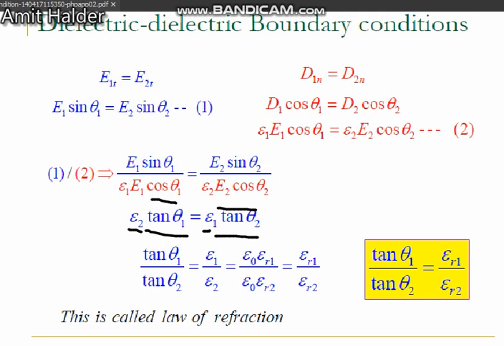So tan theta 1 divided by tan theta 2 is equal to epsilon 1 divided by epsilon 2, and you can write epsilon naught epsilon r1 divided by epsilon naught epsilon r2. When epsilon naught is cancelled on both sides, you get epsilon r1 by epsilon r2, the relative permittivity.